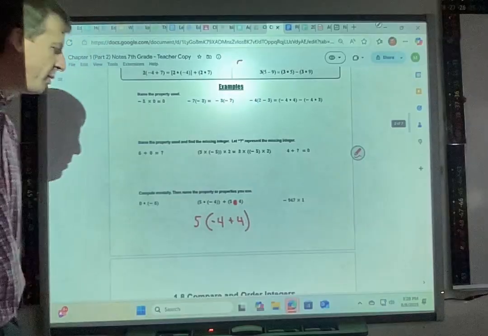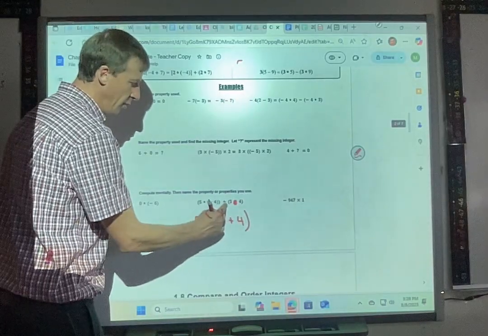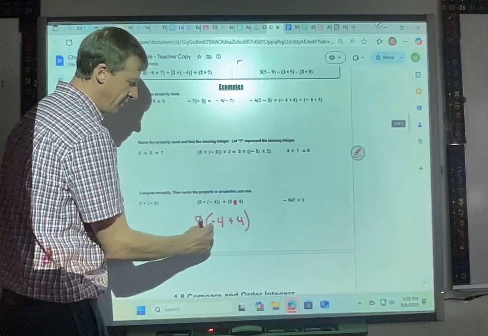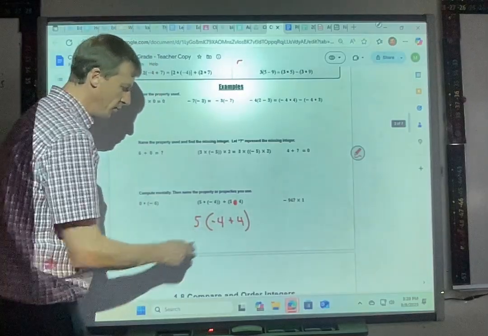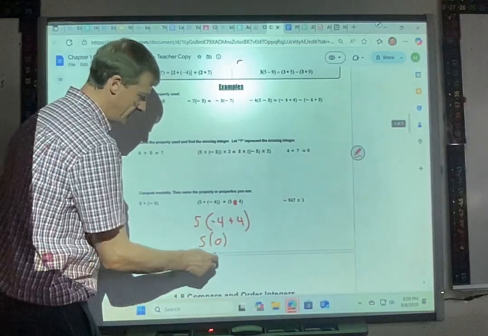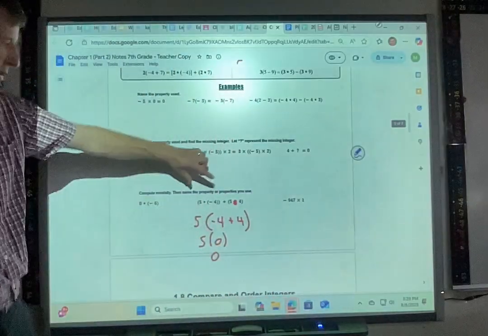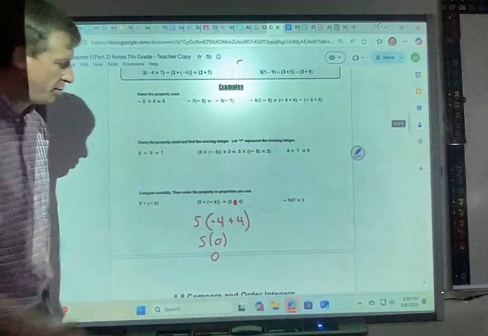So I can use the distributive property here in reverse. So 5 times -4 plus 5 times 4 is really the same as 5 times -4 plus 4, which is 5 times 0, and 5 times 0 is 0. So I used two properties to solve this one. I used the distributive property to say, hey, I can take the 4's out of this, put them in parentheses.